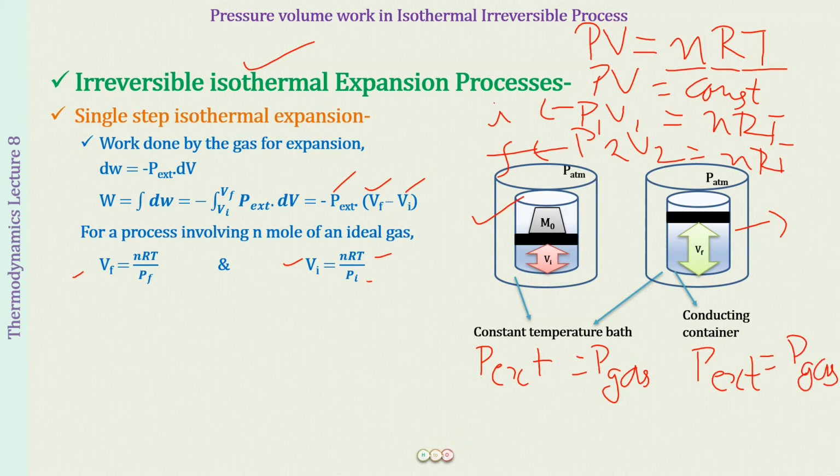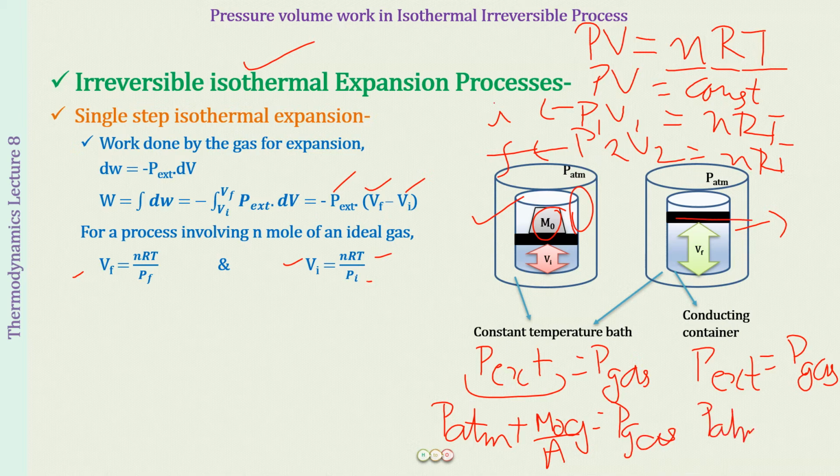But in between the process, we had removed the pressure. Initially the P external was P atmospheric plus the pressure due to the mass on the piston. But now it is only P atmospheric that we have taken in this example.